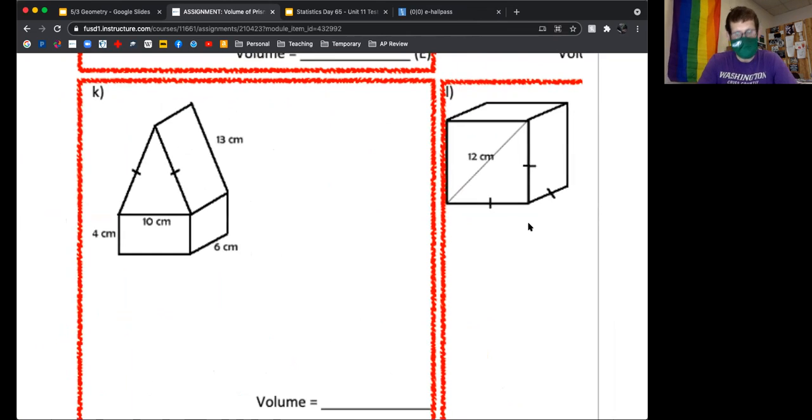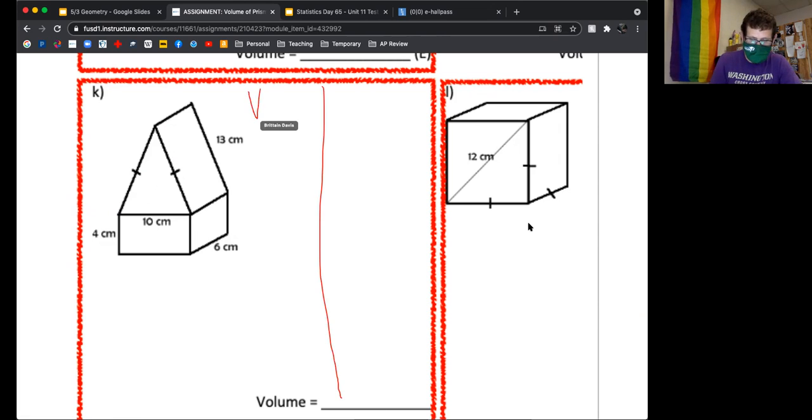So let's look at this one right here. I've got two different solids that are shoved together. So the basic idea is this. If I can get the volume of this solid right here, and then add it to the volume of this solid down below, then I have the total volume. So I want to split this up into two different problems, first of all.